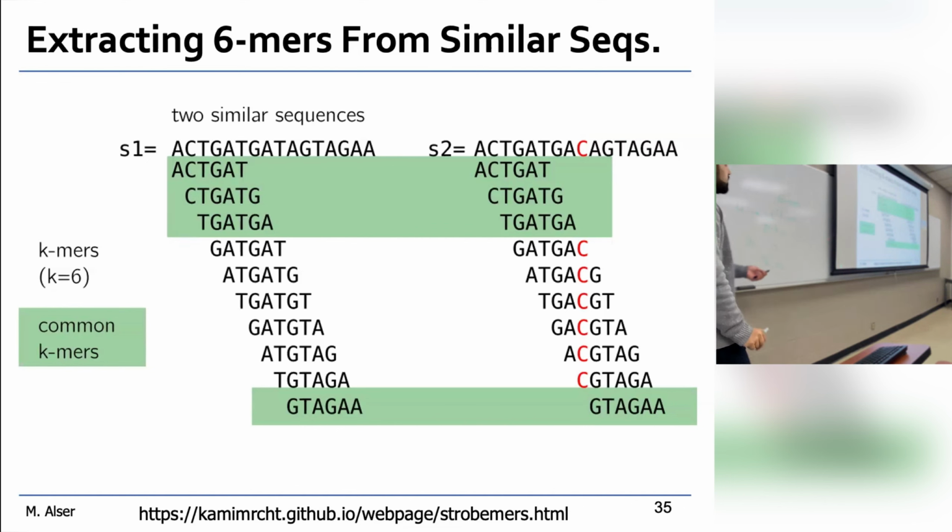Now, if I use 8 or 9, maybe none of them will match. None of them will match. And that's going to open an important question: what value of K should I use? Now I have a single difference between the two sequences and none of the seeds match. None of them. That's crazy, right?